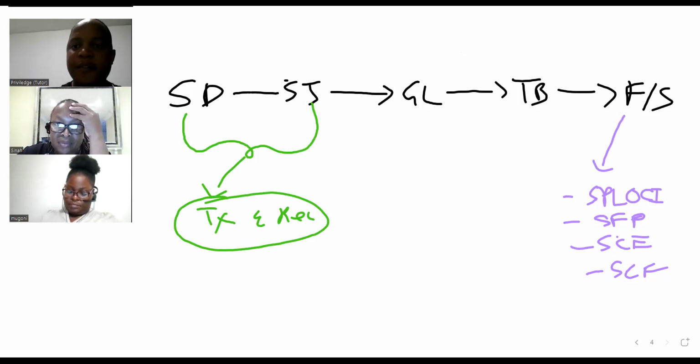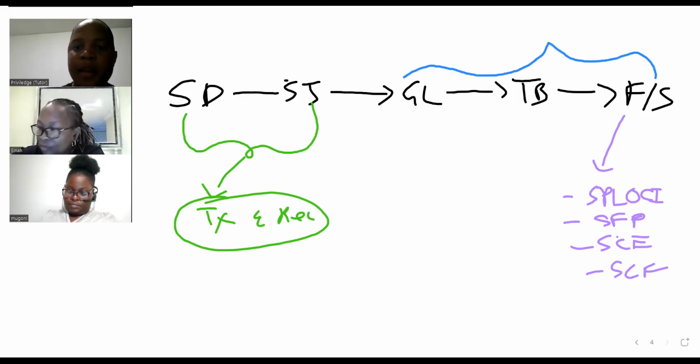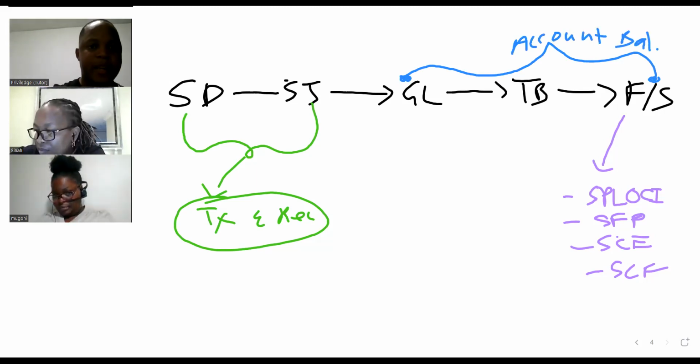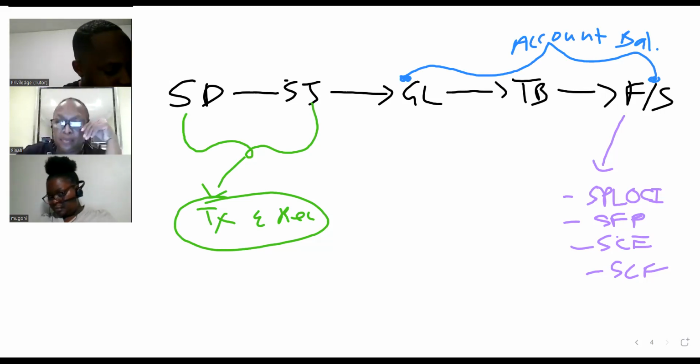But the moment I shift focus and I'm now dealing with account balances, what I'm looking at is from here to here. So from the GL, TB, all the way to the financial statements, those are the account balances that I'll be dealing with. Okay, so that's quite important. I thought I should emphasize that.